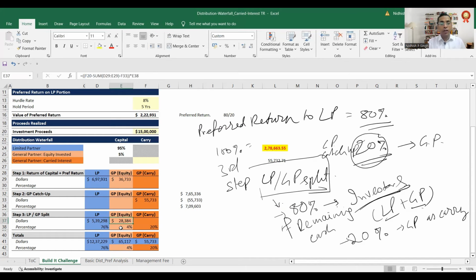So that is 28,384, which means we still have a carry proportion left. I can just take the balance or maybe apply the same approach. Let me take the balance, cash is minus 2.